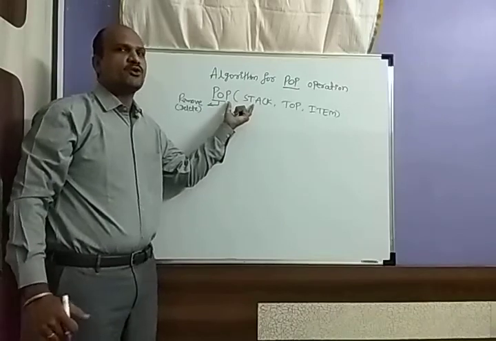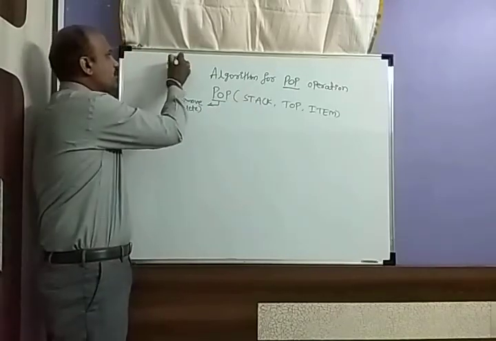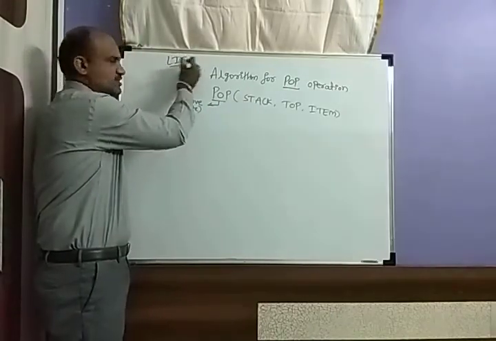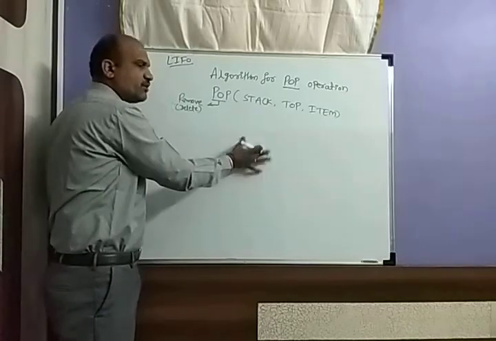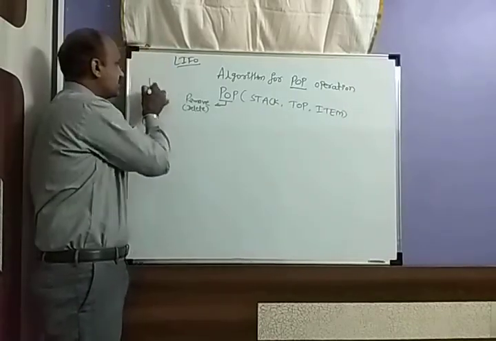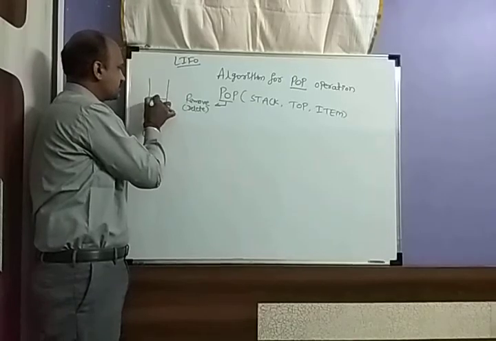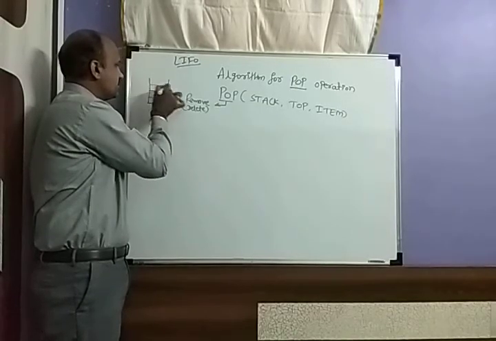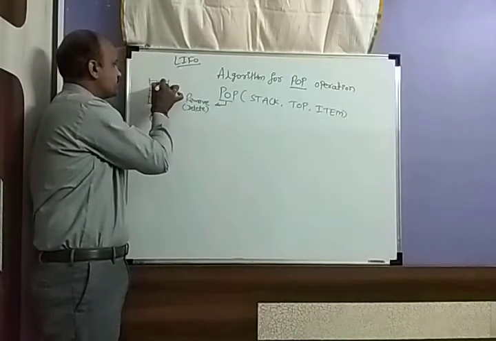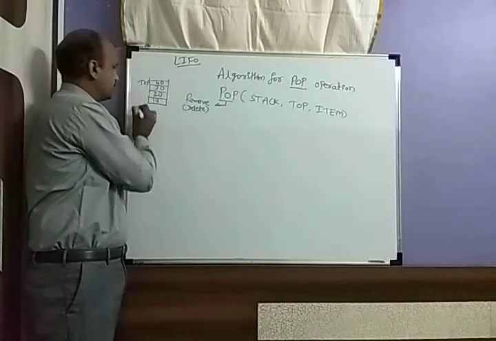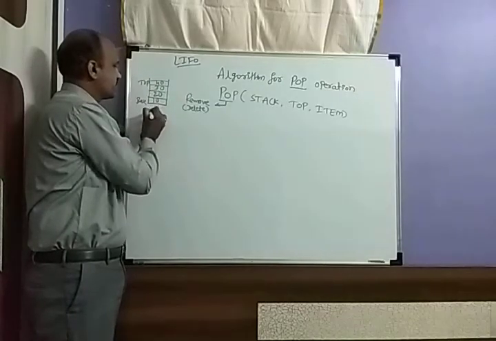As I told you, stack is a LIFO. LIFO means last in, first out. So now when you are going for the deleting operation, the stack is already in this situation. This is the base, this is the stack.